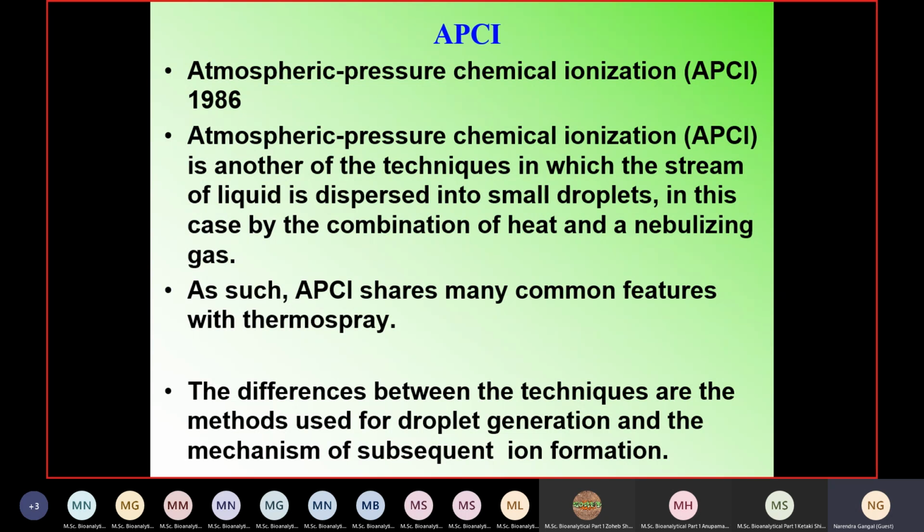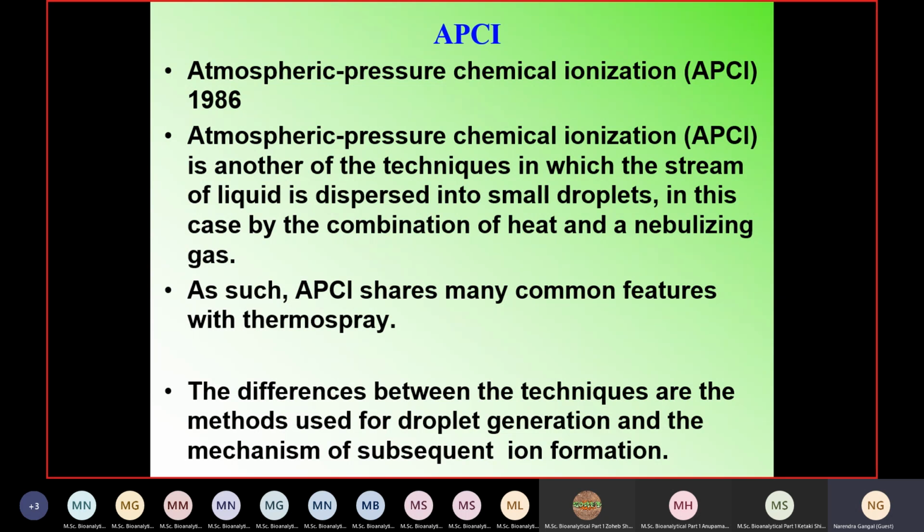Those peaks come out from the outlet of my column and are subsequently detected by the detector. So in this case, a large quantity of solvent is always there with my compound of interest. The APCI takes advantage of that.